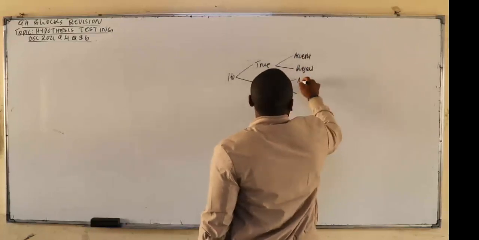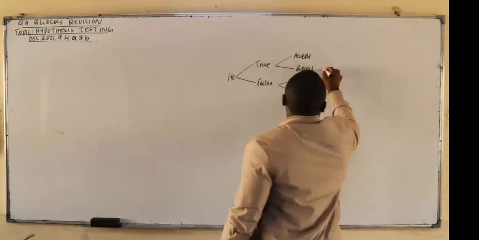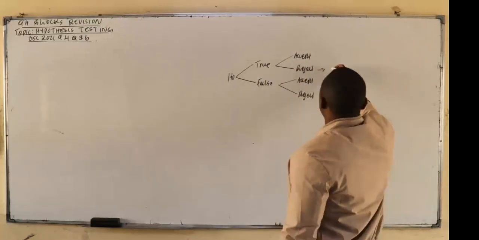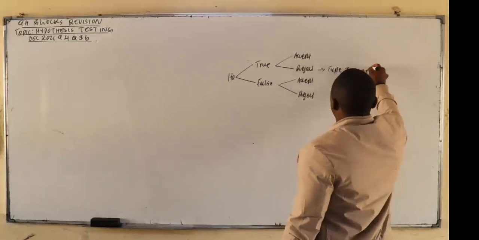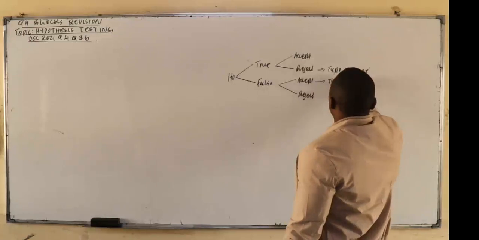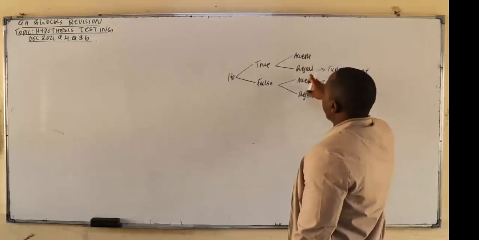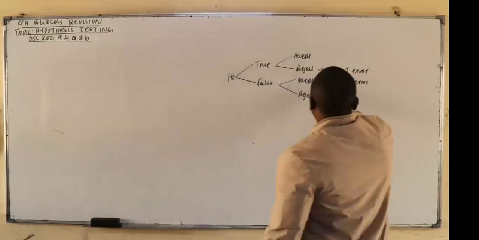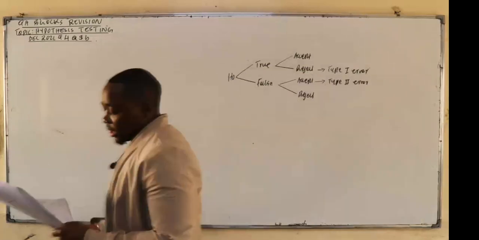Now, when you reject a true hypothesis, you are making a type 1 error. And if you accept a false hypothesis, that's a type 2 error. Therefore, type 1 error is an error made when you reject a true hypothesis, and type 2 error is an error made when you accept a false hypothesis. And you get your 4 marks.